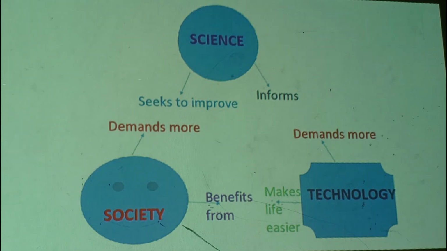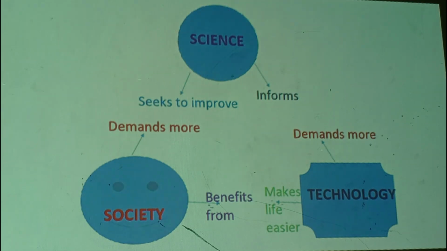We need more science to make our life simple. If possible, you even want science to make the invisible visible. That means you can talk about God. If science could expose God and make God visible, everybody would love that, of course. Therefore, we demand more from science.